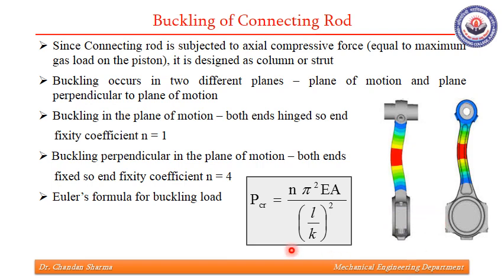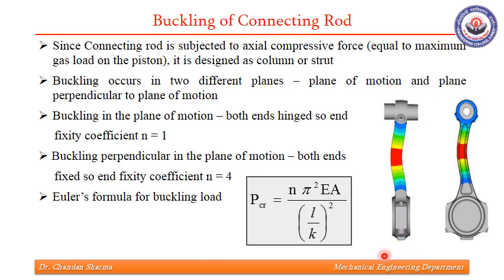We know from Euler's formula that PCR, the crippling load, is given by n pi square EA over (L by K) square, where n is the end fixity coefficient, which is 1 when both ends are hinged and 4 when both ends are fixed.